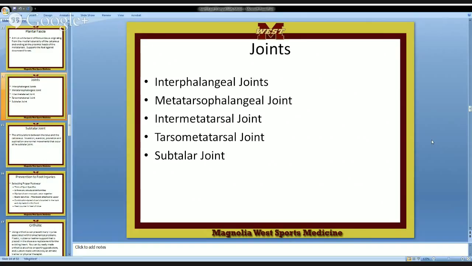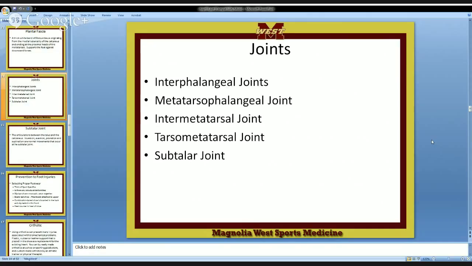These connect together. Your intermetatarsal joints connect together. They don't want it sliding out. No, you have to pull this out of your brain. You don't have any metatarsals in your hand.